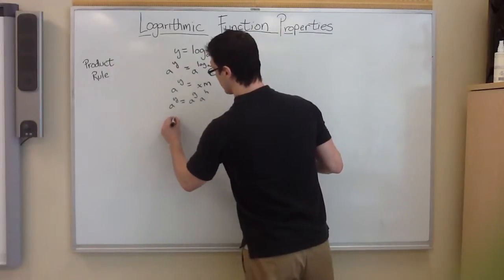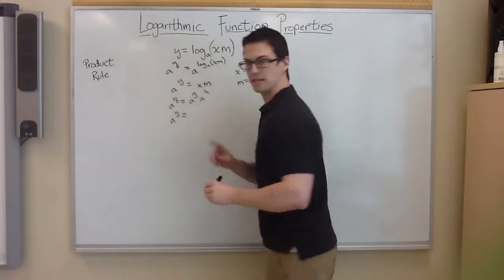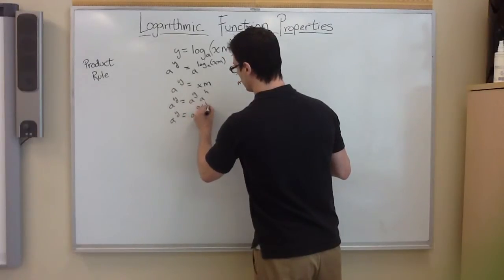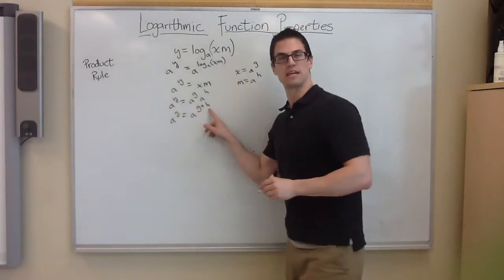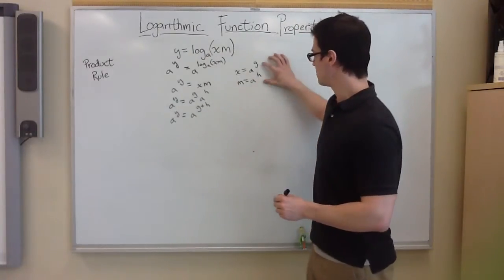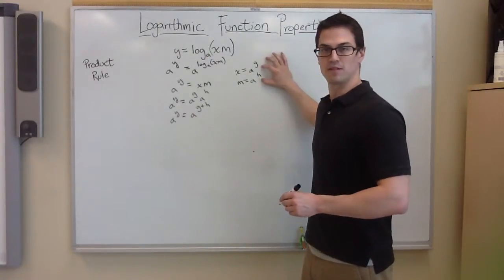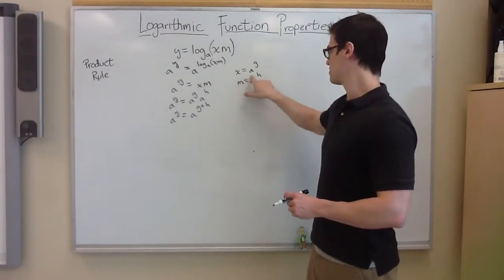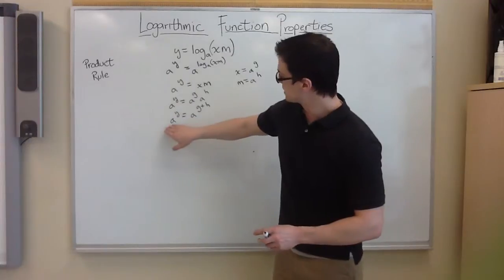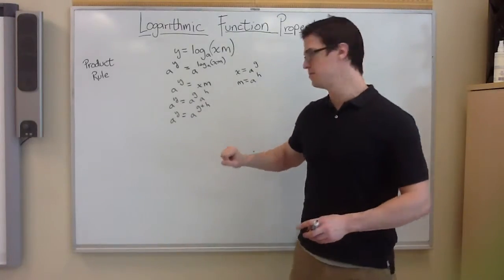From here, based on your basic exponential rules, all you have to do is add these two exponents up, g plus h. So a to the y equals a to the g plus h, based on what I substituted in for x and m. From here, I'm going to take the log base a of both sides.